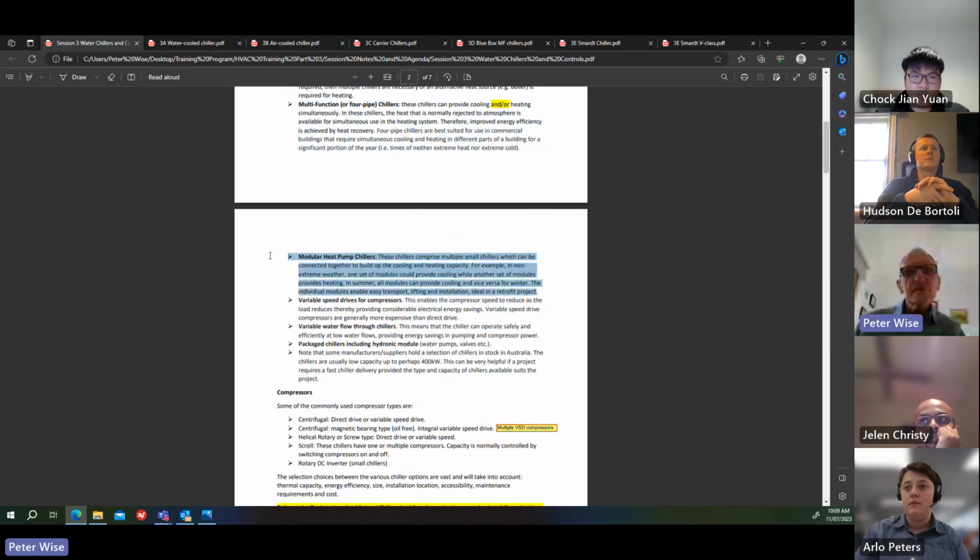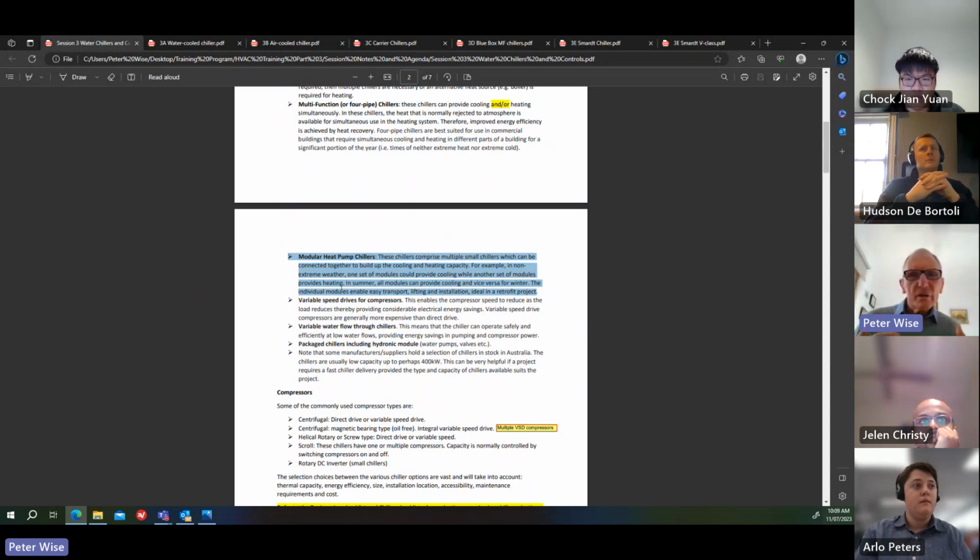Modular heat pump chillers. These chillers comprise multiple small chillers which can be connected together. So a whole bunch of small chillers. You can connect them up into a common pipework system to build up their capacity. Building blocks for chillers. For example, in non-extreme weather, one set of modules could provide cooling while another set of modules provides heating. I know Hudson's had a similar job like this, where they're all the same chillers, but you might have one group that's doing cooling, one group that's doing heating.